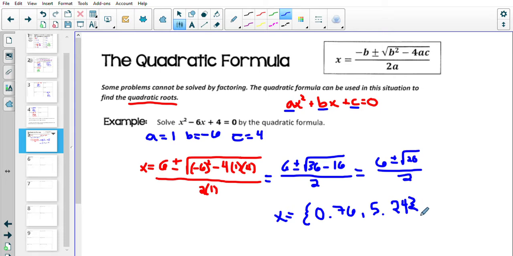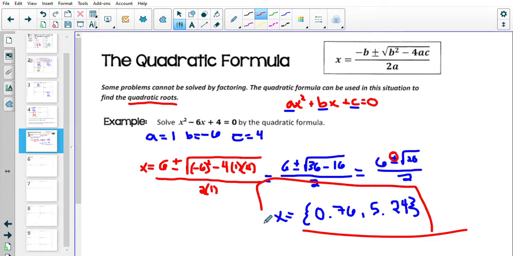Because this is essentially two answers here. This is 6 plus square root 20 divided by 2, and 6 minus square root 20 divided by 2. So those are our two answers. Those are the two roots, the two values that we can find in our graph.